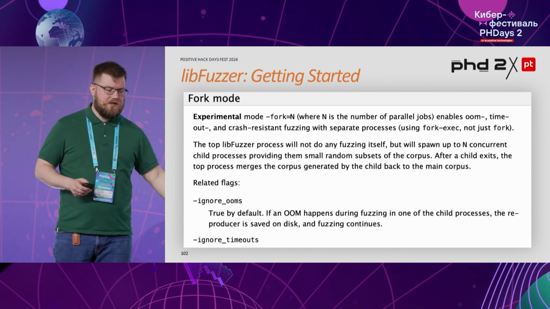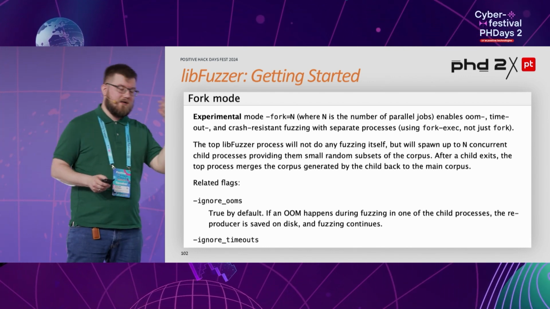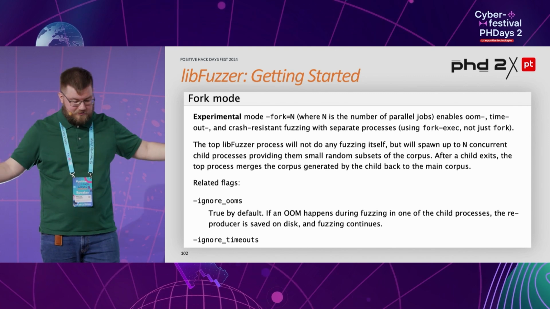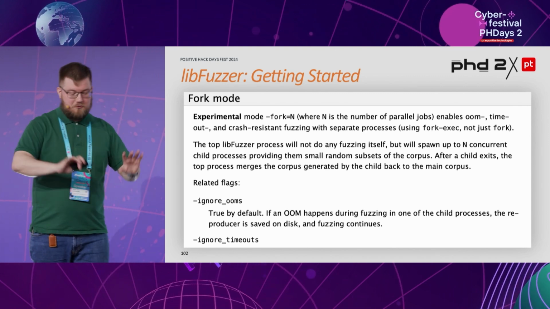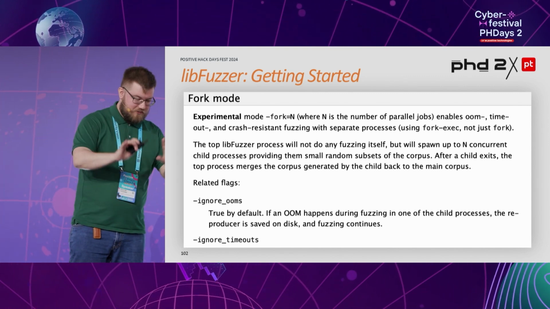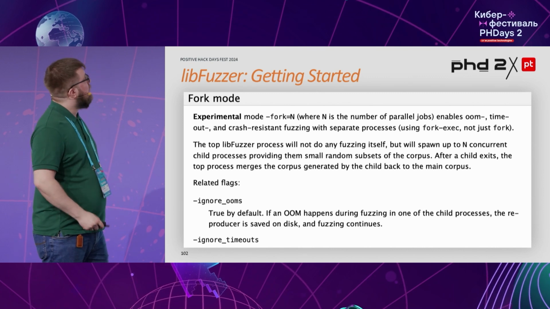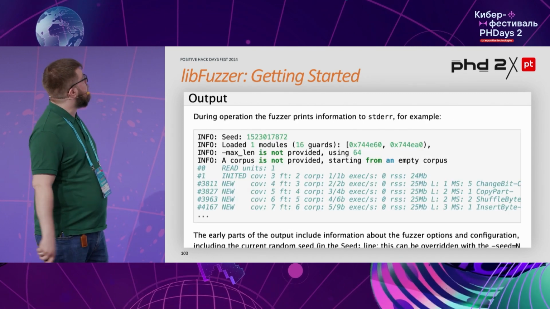But then again, there are lots of smart words such as in-process fuzzer. You can start them up in different nodes. For instance, you can start 100 fuzzers on different machines and so on.